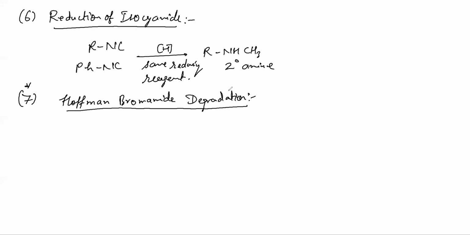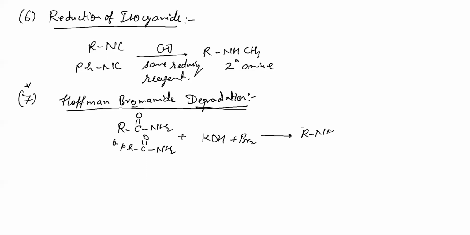Here, bromamide degradation is written. Degradation means if you are having this amide, RC double bond O NH2, or you are having PhC double bond O NH2, and if you treat it with KOH and Br2, the product that we get is RNH2.